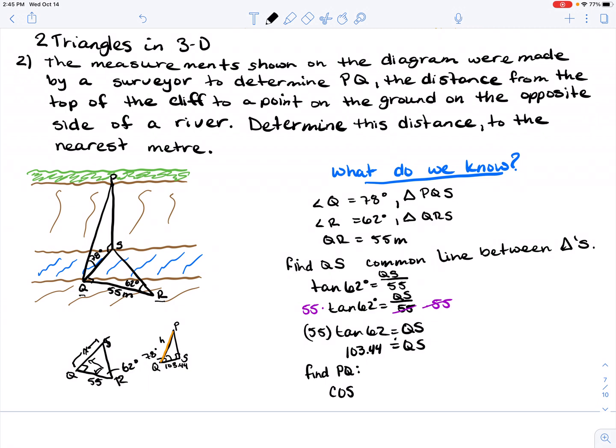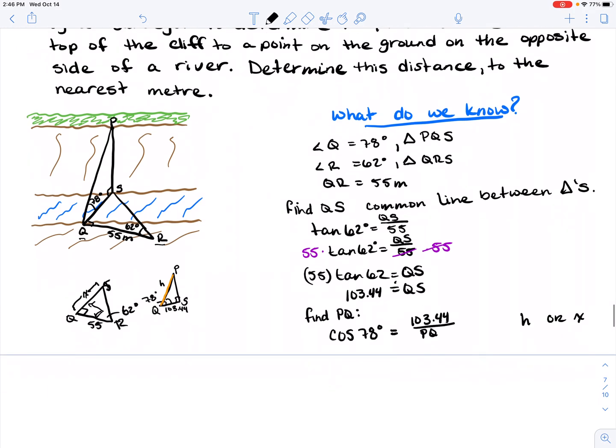I'm going to have cosine of my angle, which is 78 degrees, equals my adjacent, 103.44, divided by PQ, because that's what we're going to find. If you'd like to change PQ to H or X, then feel free. I think I'll just leave it as H for now. So cos 78 degrees equals 103.44 over H.